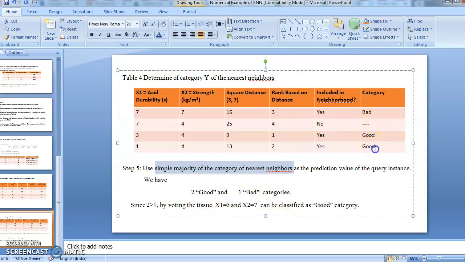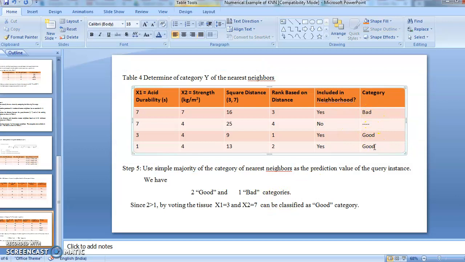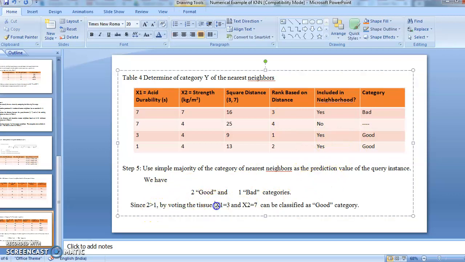So what is the majority here? Here the majority is the category good. As 2 is greater than 1, by voting, what is our final answer? X1 equal to 3 and X2 equal to 7 can be classified as the good category.